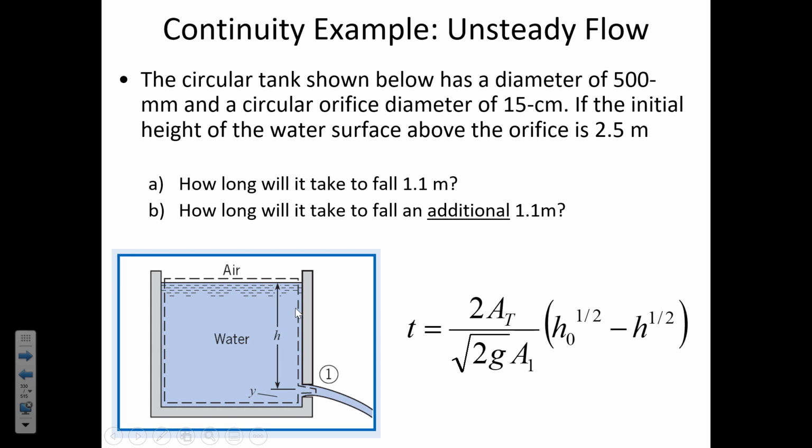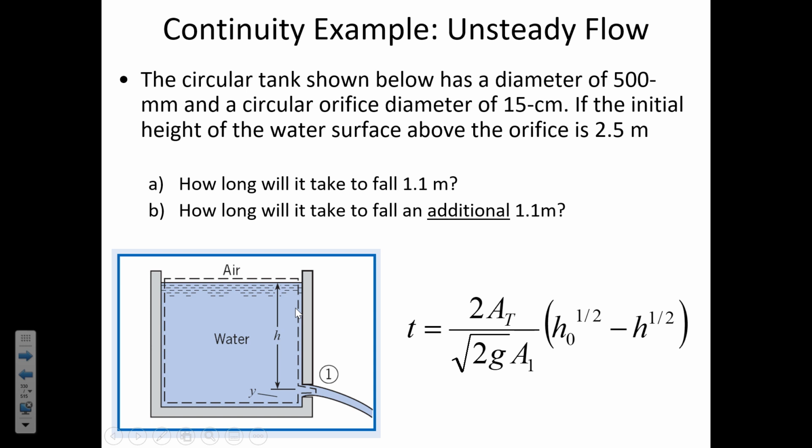So we've got our two areas that we can calculate. And the initial height, h naught, is 2.5 meters. That's the height from the center line of the orifice up to the liquid level. Now here's our tank later. We don't know how much later because we're going to calculate that.